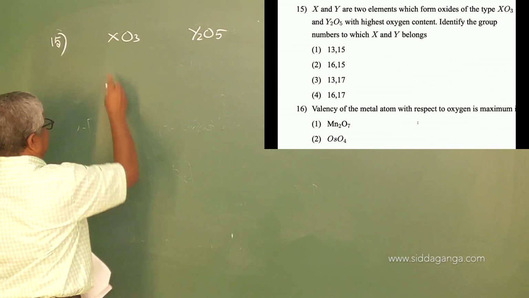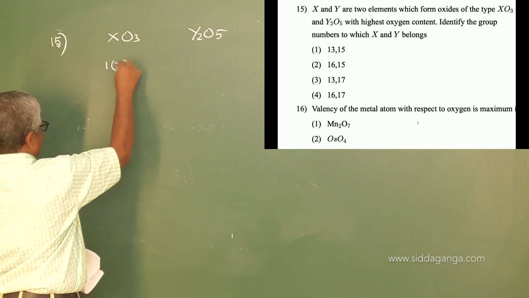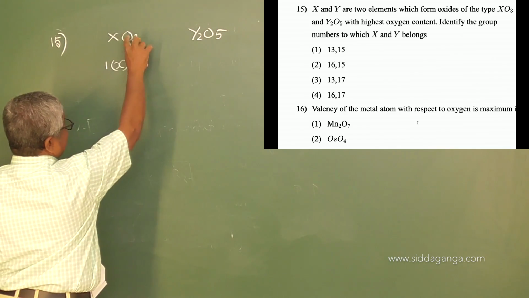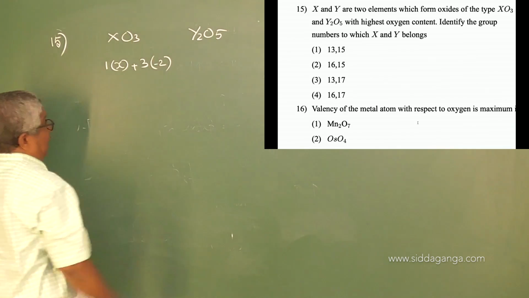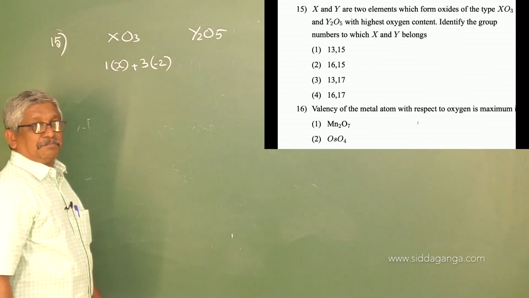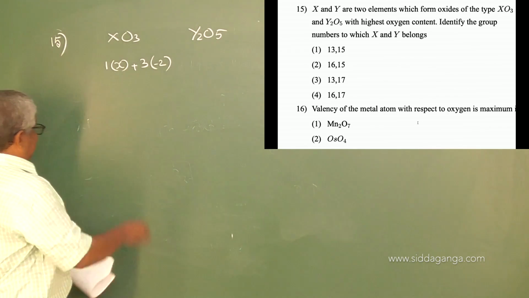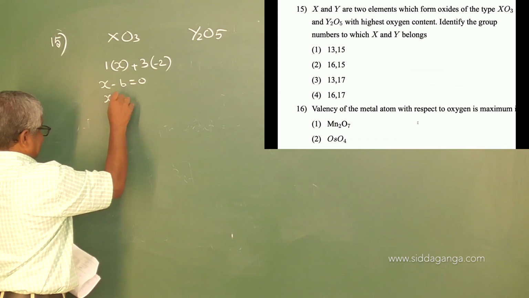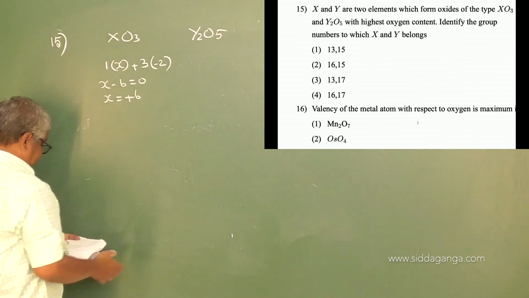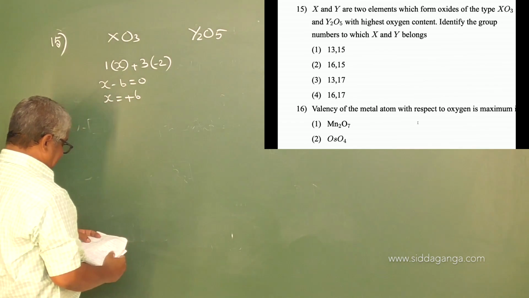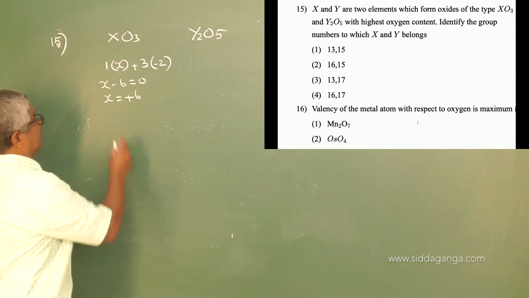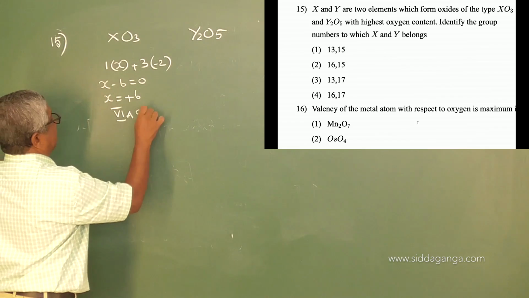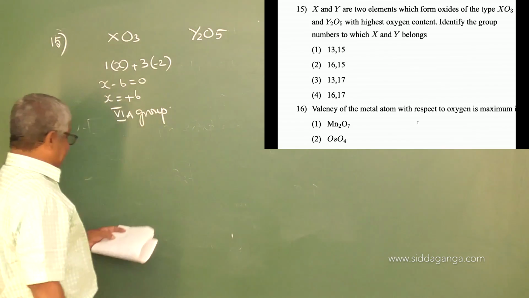XO3, that means how many X are there? 1 X is available, plus 3 times the oxidation state of oxygen, which is -2. Then X minus 6 is equal to 0. So X is equal to +6. Maximum oxidation state +6 indicates it is 6th A group.